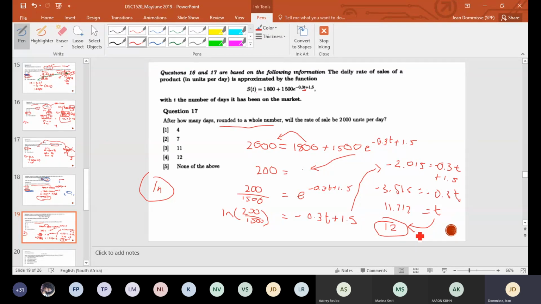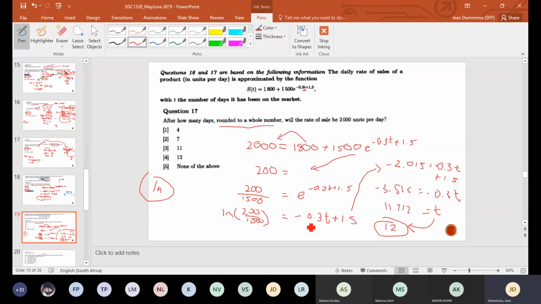And again, it's not a short process, and I think that is very important. It's not in 1 minute that you can solve it. You need to nearly know what you are doing, and that's why the rules are so important, so that you know that if it is e to the power of something, to make that a simpler formula, you can log that, but you need to log the other side as well.